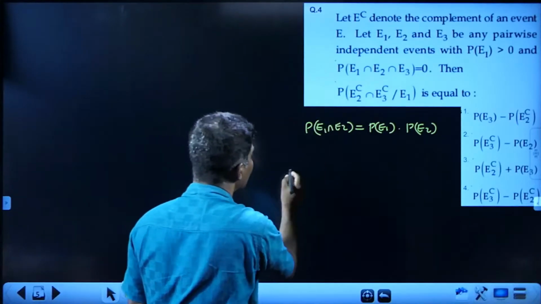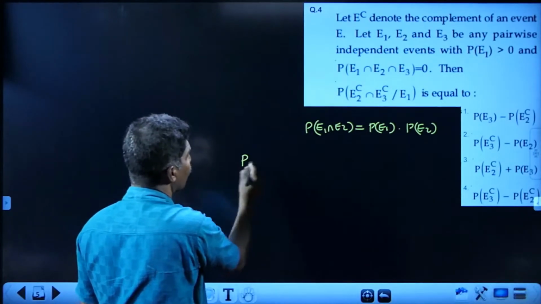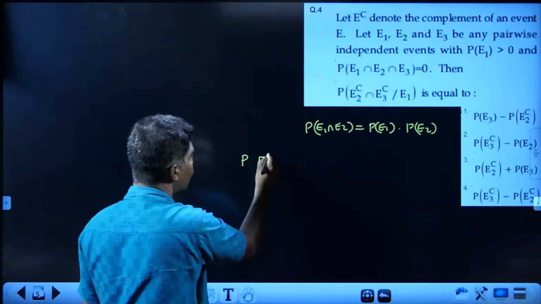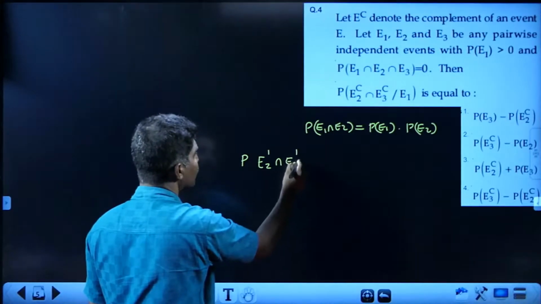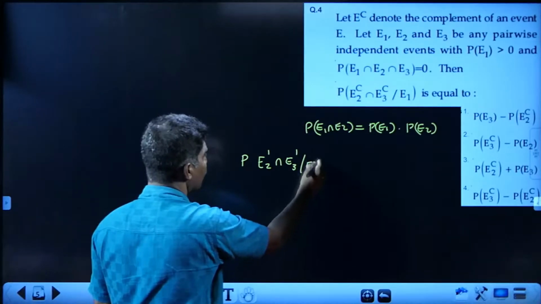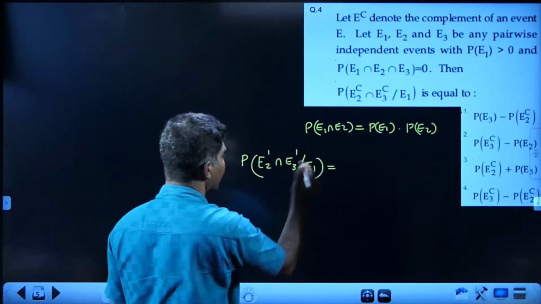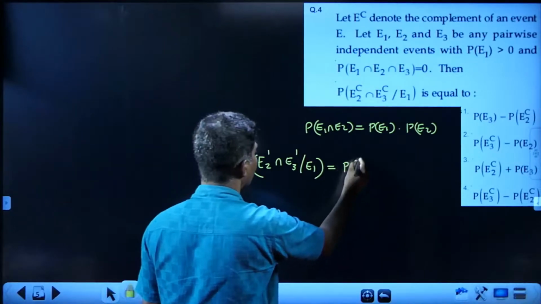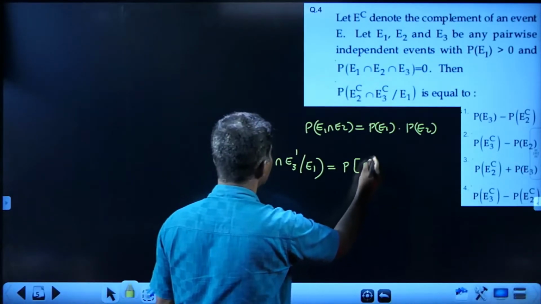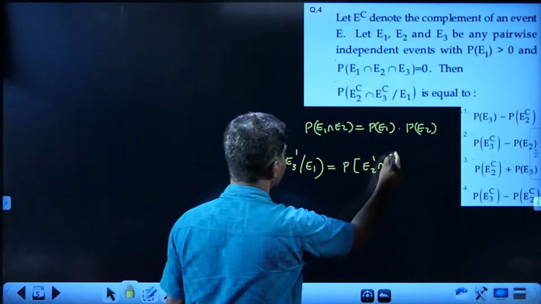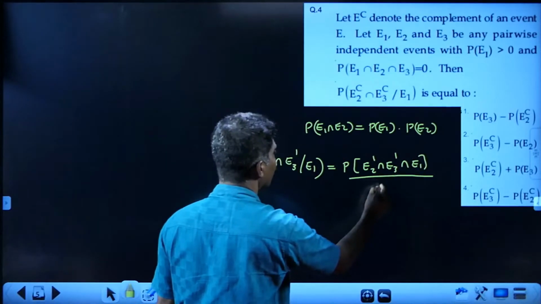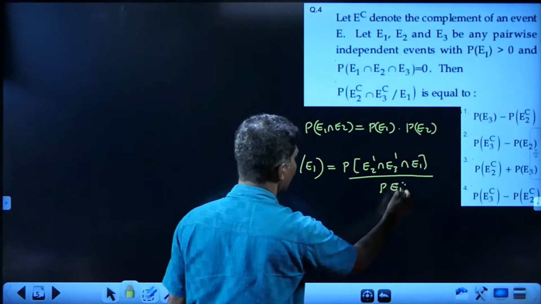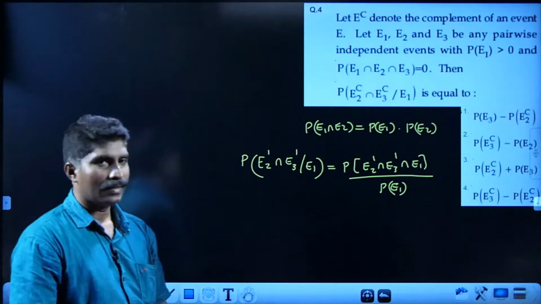So here what you have to calculate is probability of E2 dash intersection E3 dash given E1. By the definition, you can write it as probability of E2 dash intersection E3 dash intersection E1 divided by probability of E1. Okay. This is a formula.